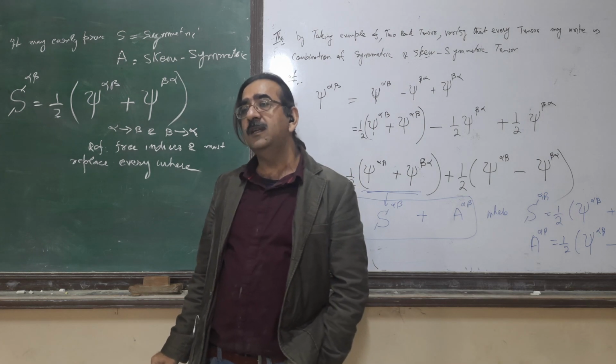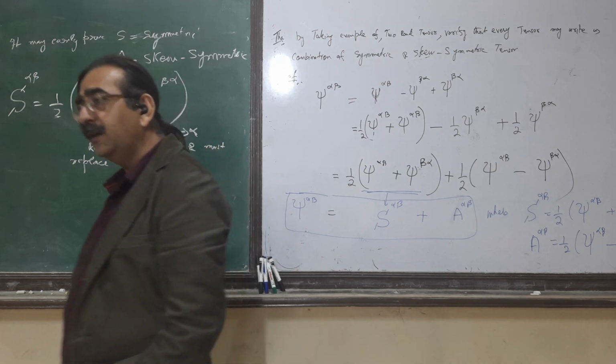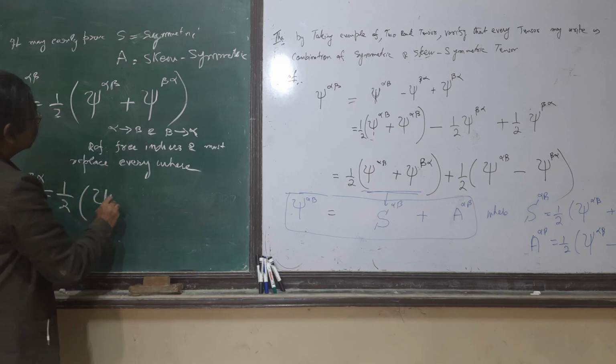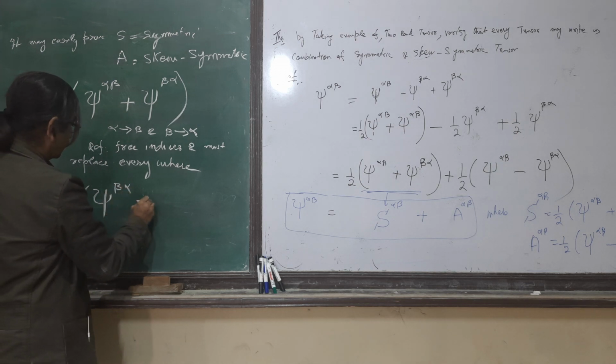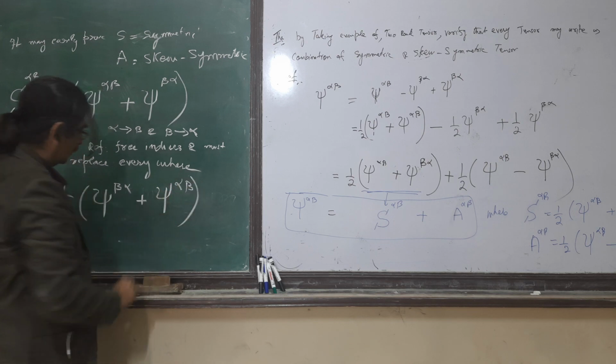In the dummy indices, they will be applied on one side, but in free indices, they must be applied on every side. Okay, so S will be beta alpha.